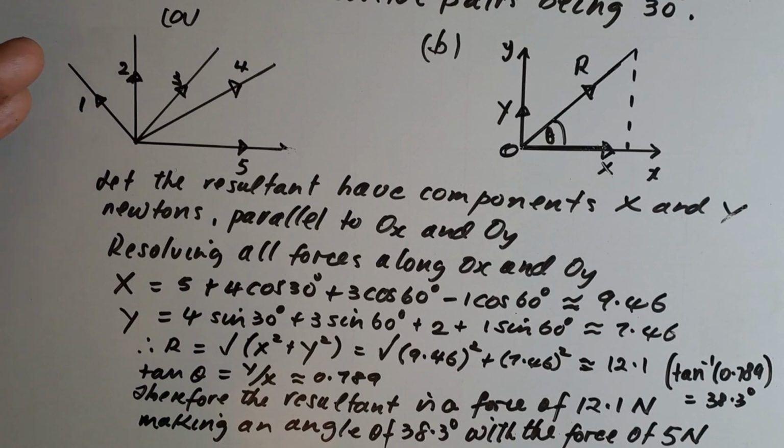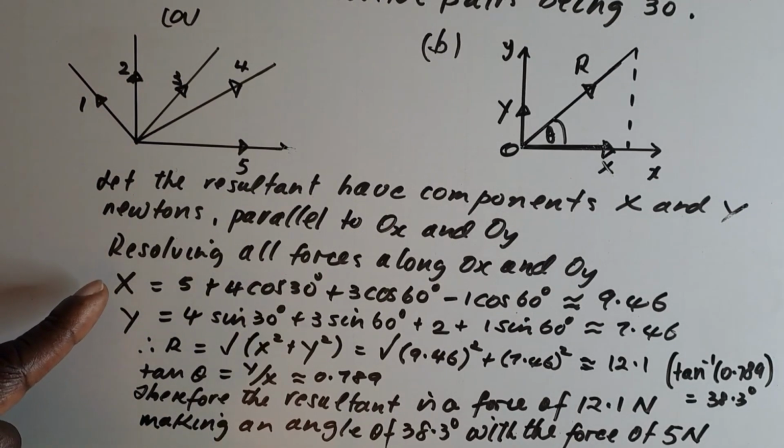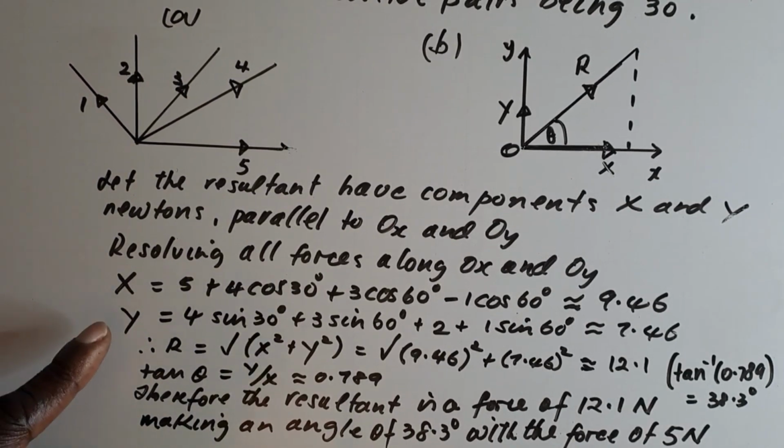Here on the left, A is our diagram of the 5 coplanar forces with an angle between consecutive pairs being 30 degrees. On the right is the resultant and the 2 components of the resultant, the x and the y components. Then we moved on to resolving the forces, both in the x direction and the y direction, or the OX direction and the OY direction.